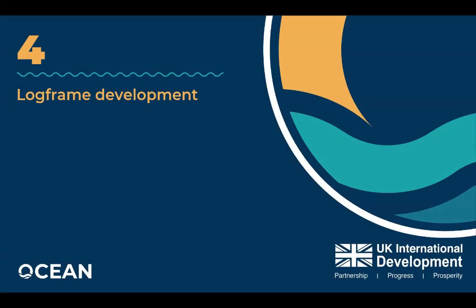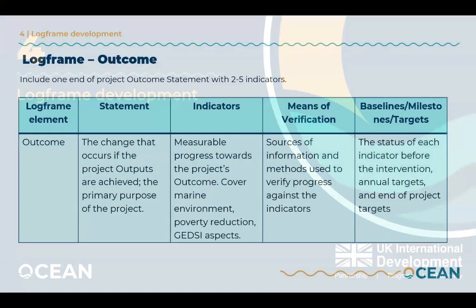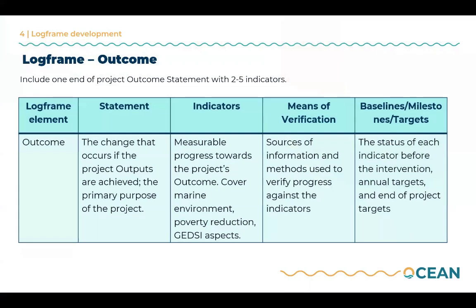So just to get into a bit more detail about what we're expecting from your log frame in Ocean, your log frame should have one project outcome statement, and this outcome statement should have 2 to 5 indicators.